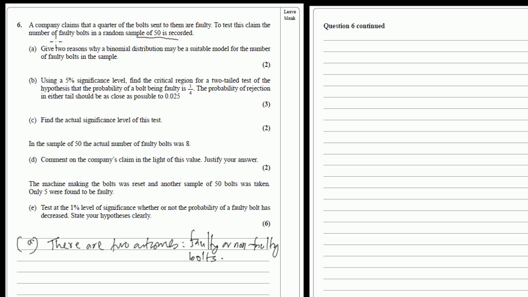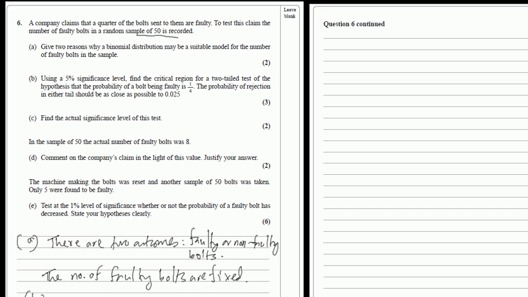So the number of bolts tested is fixed. So that's it. But remember, you need to give the answer in context, otherwise there will be no points given.